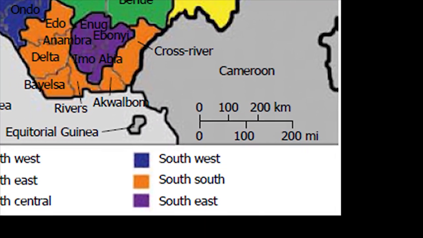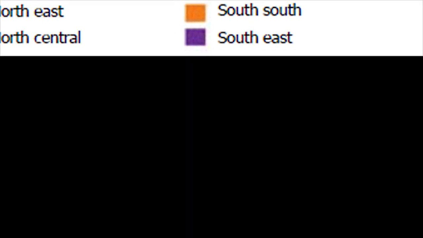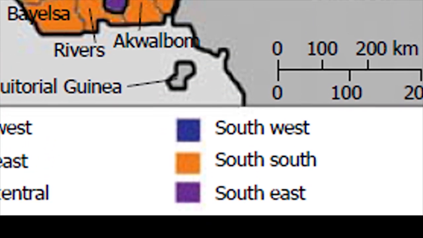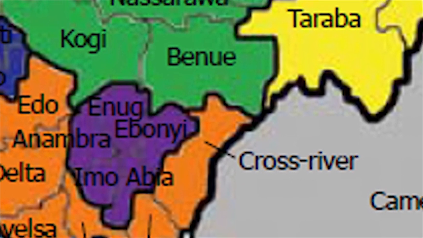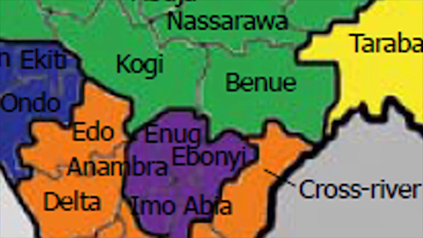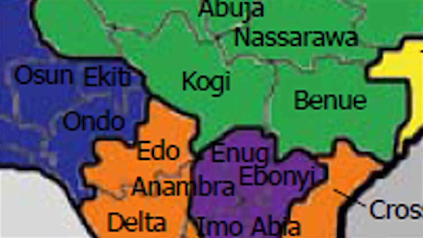In the tropical region, there are 5 states of southeastern Nigeria, namely Enugu, Ebonyi, Anambra, Abia, and Imo.